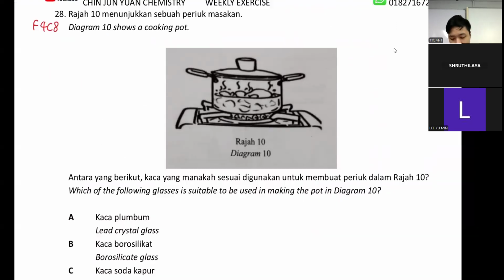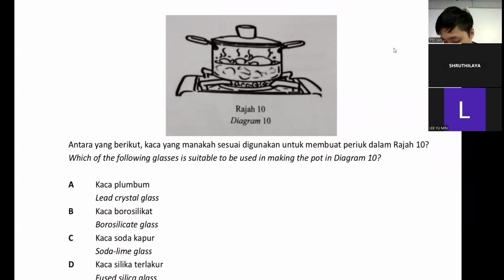Okay. Page 28, Form 4, Chapter 8. Which of the following glasses is suitable to be used for making the pot in diagram 10? So this one is very simple. You see the pots, they are cooking, right? Of course, it has a very high temperature. So of course you want the glass that can tahan all the heat, resist all the heat.